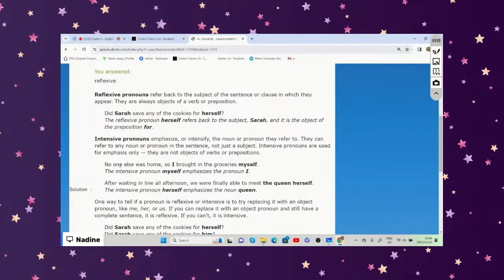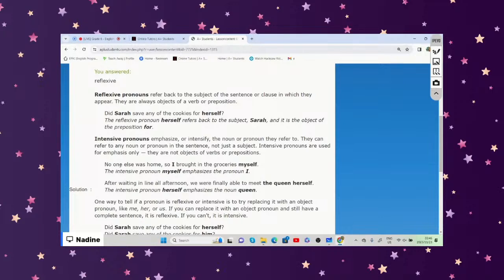And intensive pronouns are used for emphasis only, so they are not objects of verbs or prepositions, right? For example, no one else was home, so I brought in the groceries myself, right?